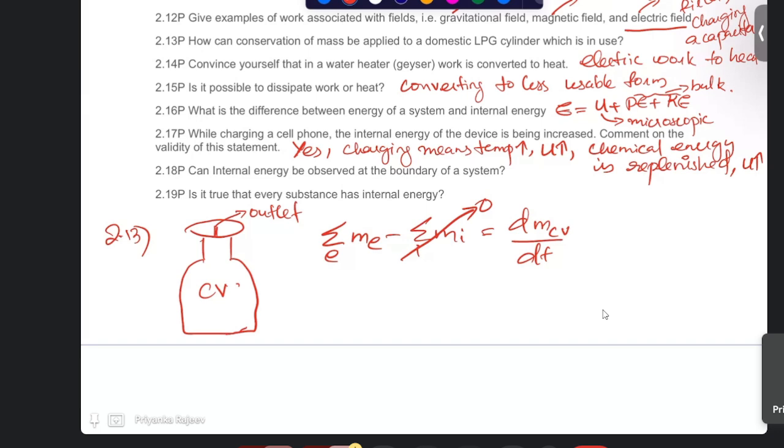Once the chemicals are over, that means internal energy is depleted. Then you are not able to convert it to work. So when battery chemicals are over, internal energy is over. That is why you have to change that battery in the remote after some time.